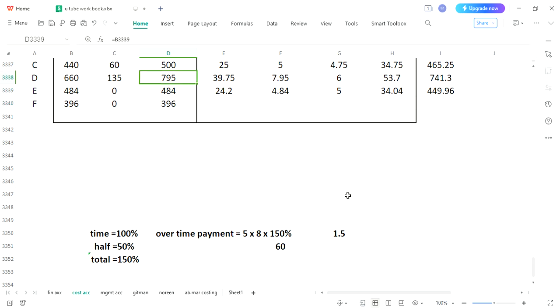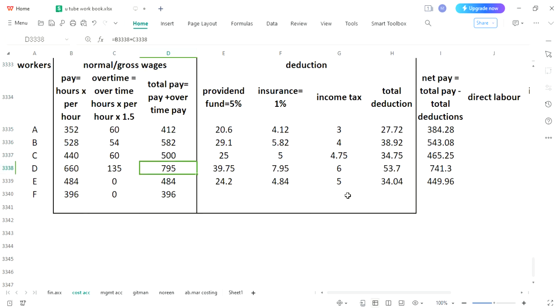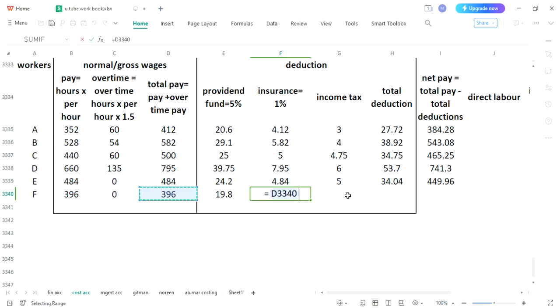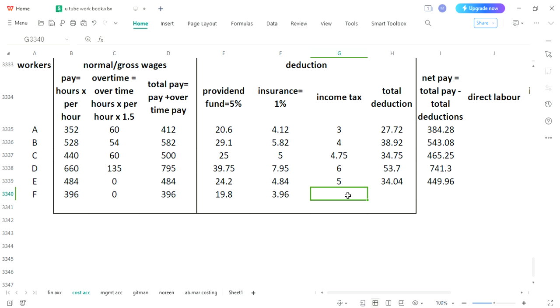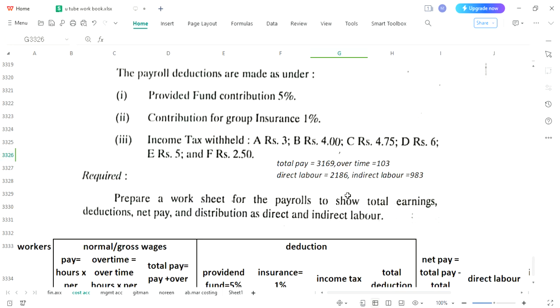Now we will be calculating his provident fund. Amount was 396 multiplied by 5 divided by 100, provident fund. Then we will calculate insurance: 396, the gross payment, multiplied by 1 divided by 100. Then we will see income tax. For that you will go back to the question.